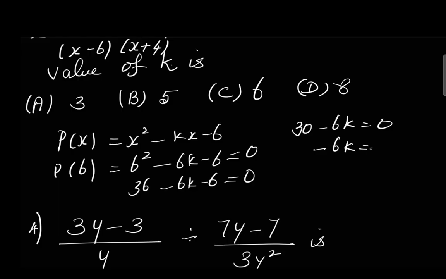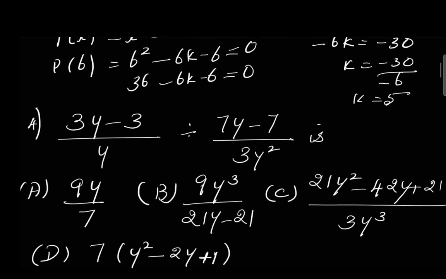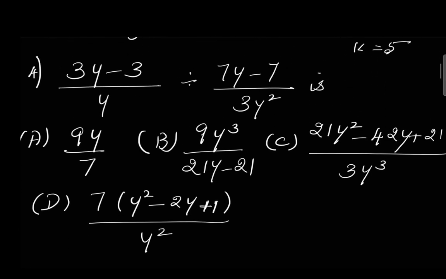Minus 6k is equal to minus 30, so k equal to minus 30 by minus 6. The value of k is 5. Option B.